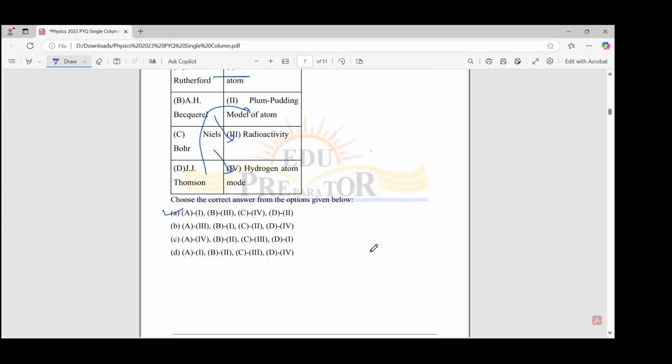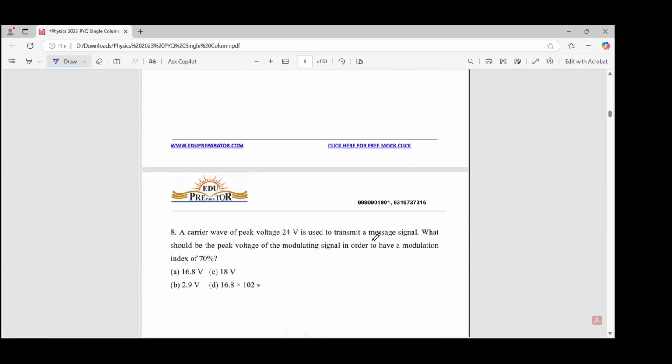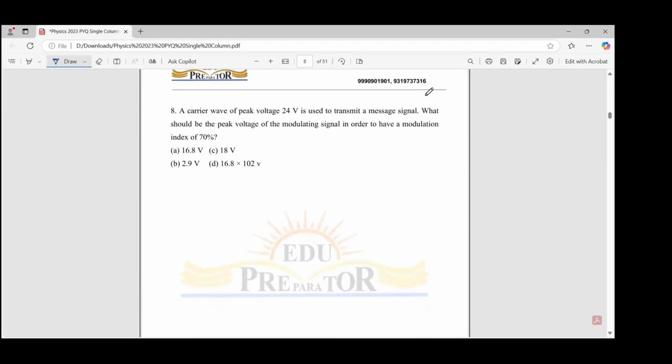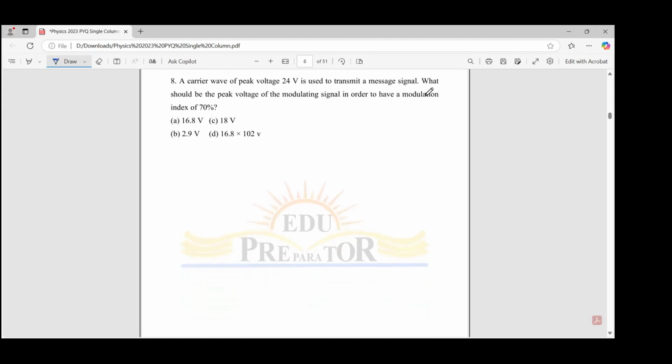Fine. So let's move to the next question. Now, this question is again based on the chapter communication system. So we have the communication concept, that is modulation index mu. It is the ratio of the message to the carrier.